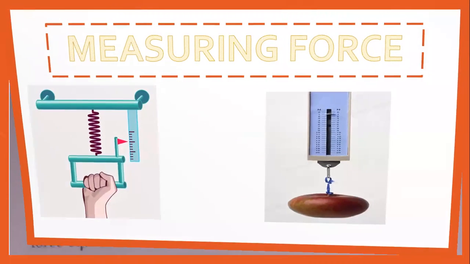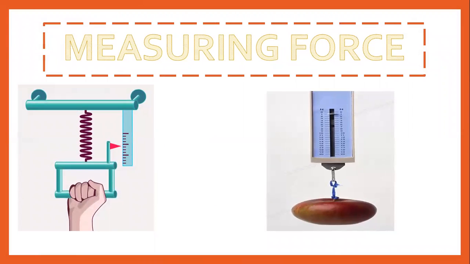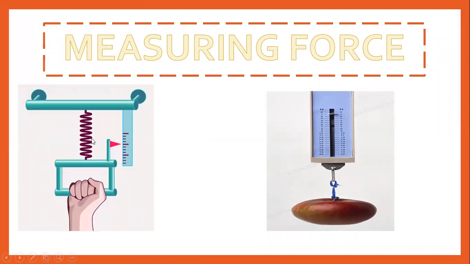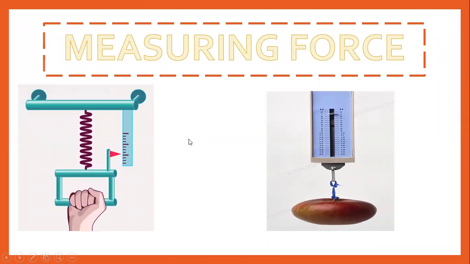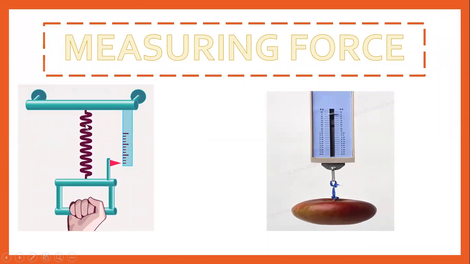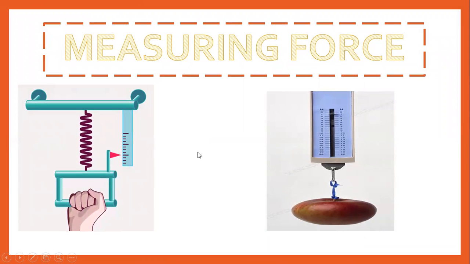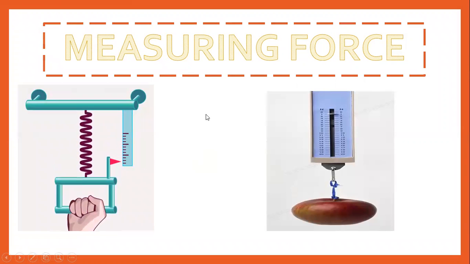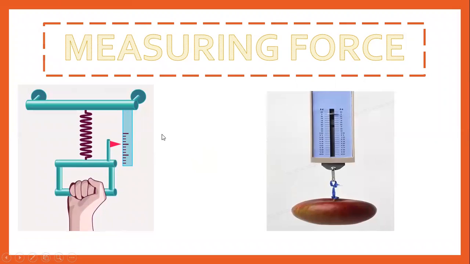The 1 Newton force is very weak, so that's why we cannot feel it. You see these examples of spring balance. When we apply the force, the spring stretches. When we apply more force, the spring stretches longer.